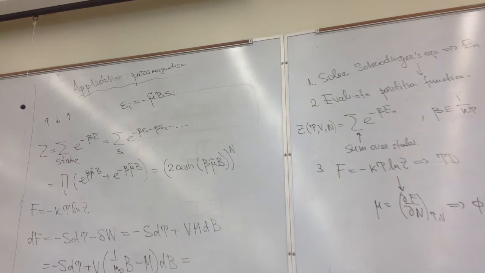So why am I doing this? First of all, I can define F tilde, which is equal to F minus V B squared over 2 mu naught. Notice this is temperature independent.